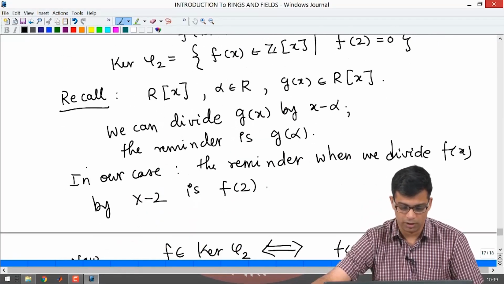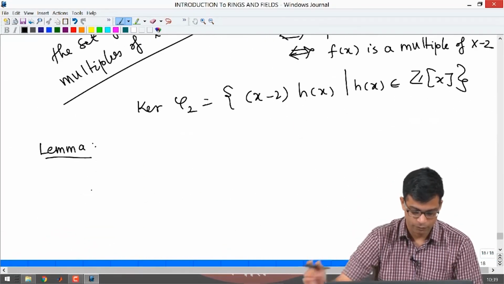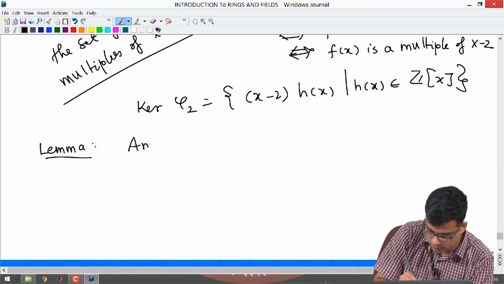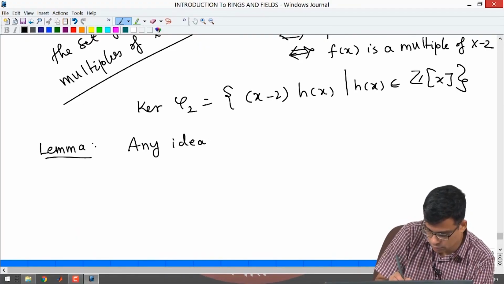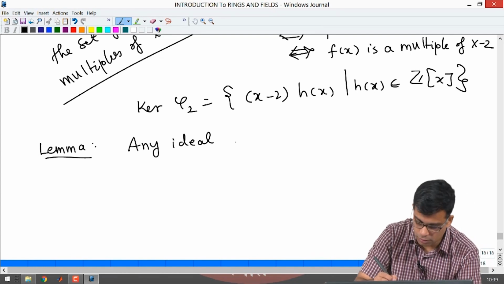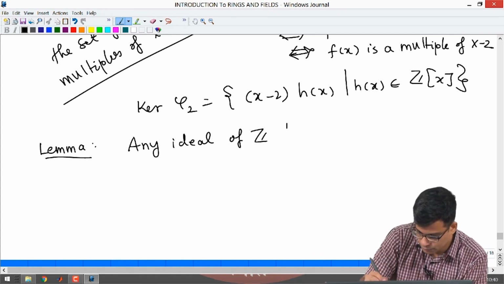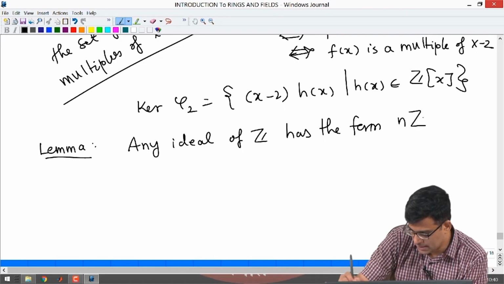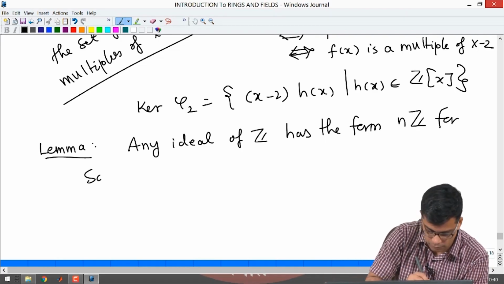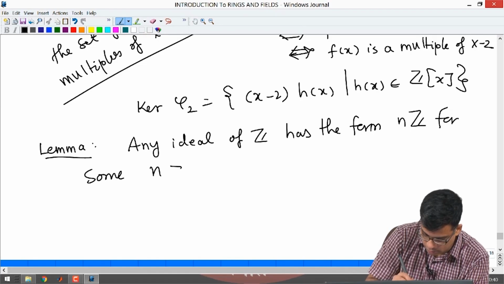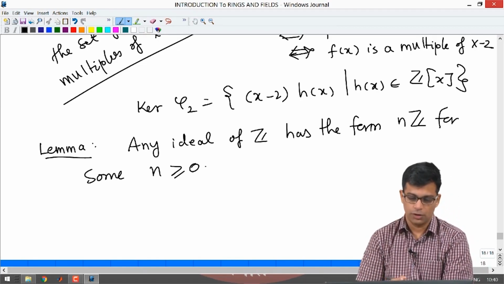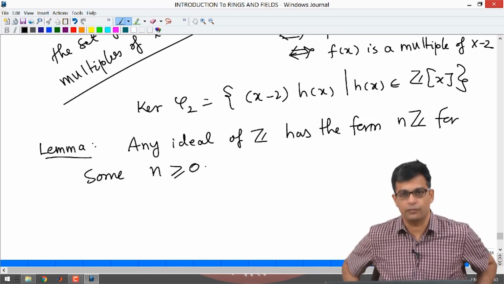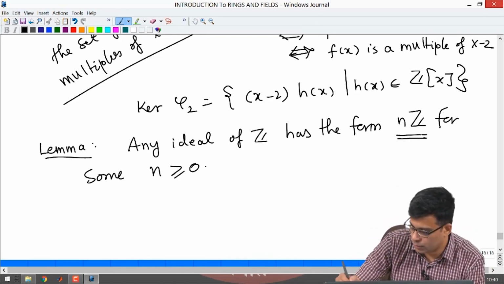So, what I want to now say is that any ideal of Z has the form nZ for some n greater than or equal to 0. So, any ideal of the ring of integers has the form nZ.